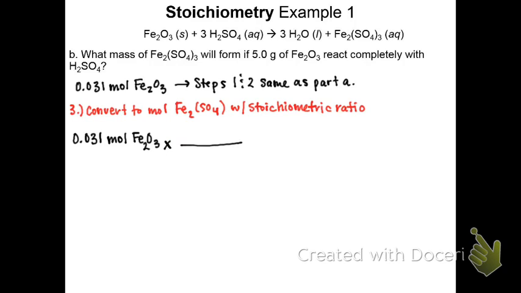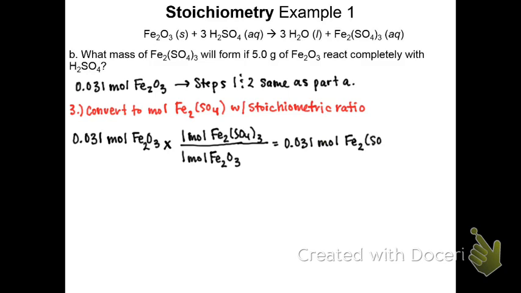And now, from the balanced equation, we know that for every 1 mole of iron oxide, we form 1 mole of iron sulfate. And we could have predicted this just by looking at the balanced equation, because we see that the stoichiometric coefficients for the iron oxide and the iron sulfate are the same.